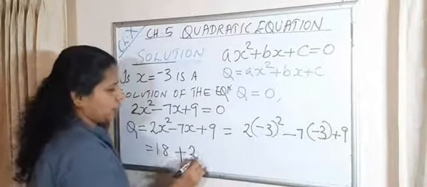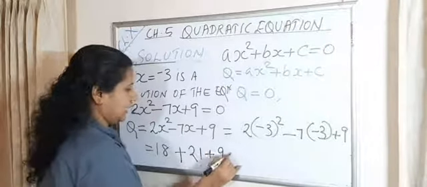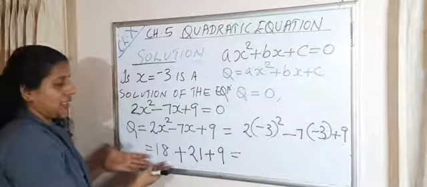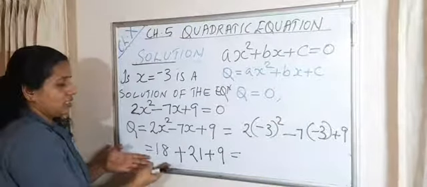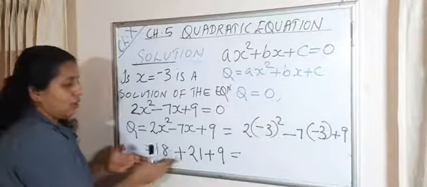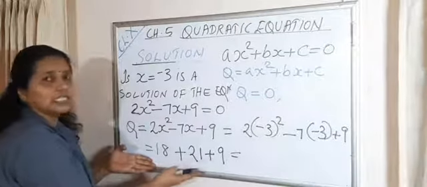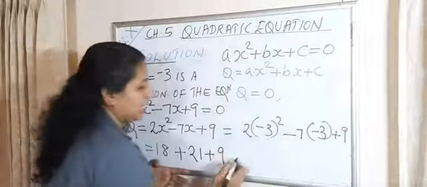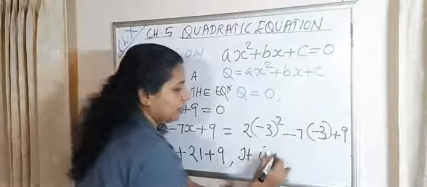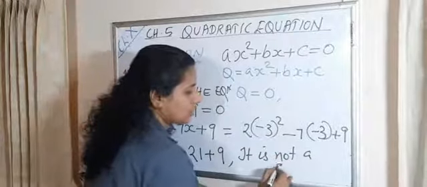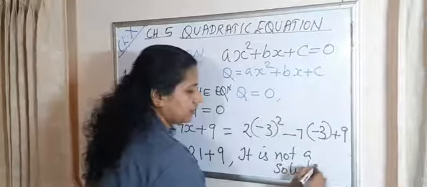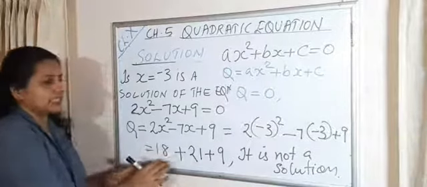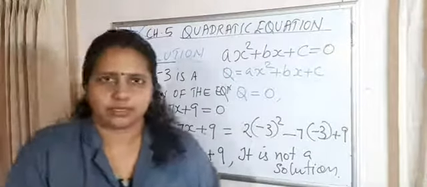So plus 21. Plus 9. What is 18 plus 21? You can identify this solution from here itself, because all are positive. You will not get 0 while adding it up. So we can say it from here itself. It is not a solution. Otherwise you add it and write down the answer and write it is not a solution. Clear? Okay.